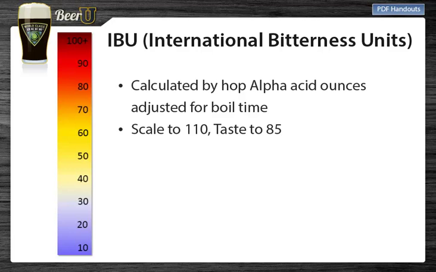Boiling hops modifies or isomerizes the alpha acids, so it is important to know how long the hops were boiled as the bitterness levels change in that process. Additionally, different kinds of hops are often used in the same beer, so the equation needs to be repeated for each type of hop being added in order to account for the varying alpha acid content. The IBU scale theoretically measures up to 110 IBUs, but humans generally cannot taste IBUs beyond 85 or so.